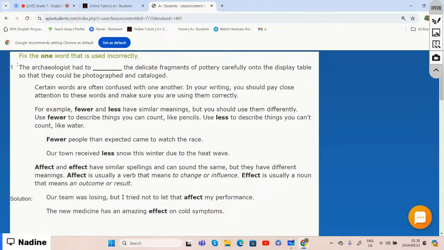We thought it's the same, we can use it in the same context, but you cannot. When it comes to fewer, we describe things that we can count, like people. But less describes things that we cannot count, right?